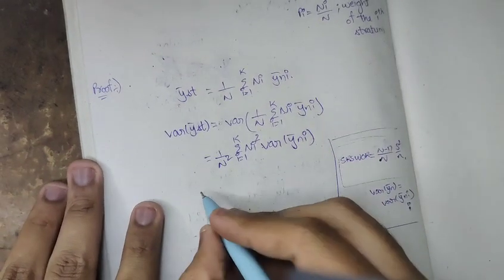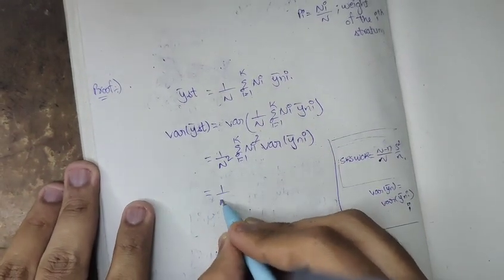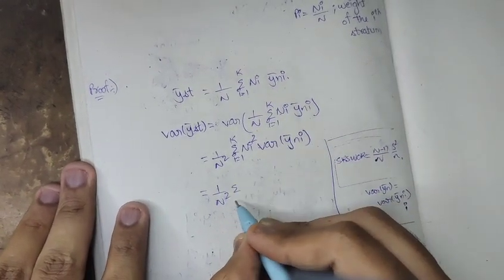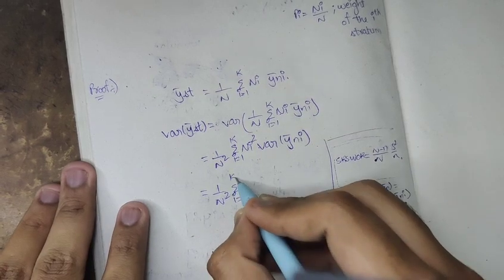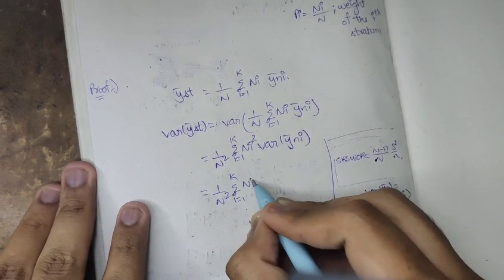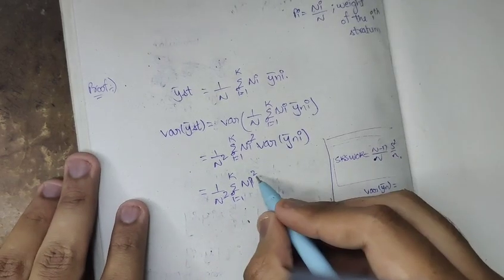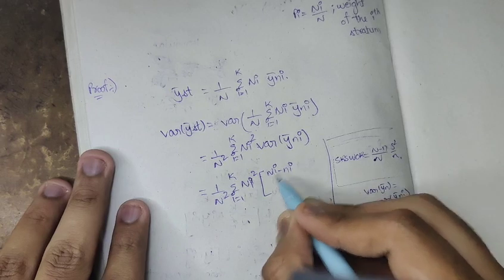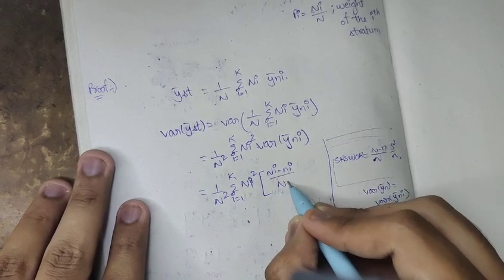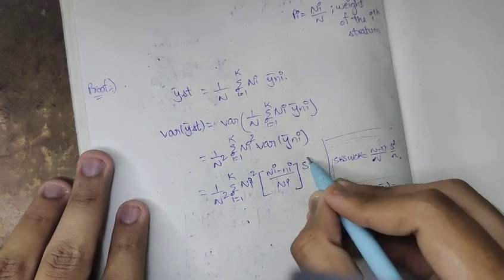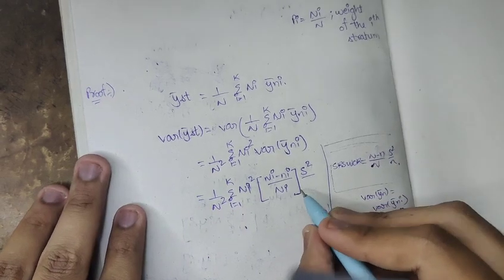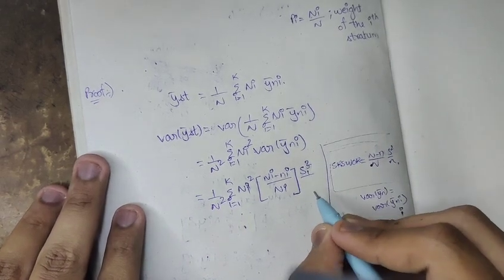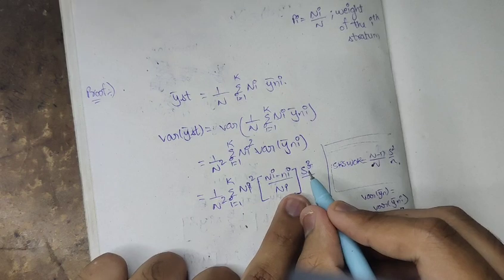So 1/N² summation from i = 1 to k of N_i² times the variance of ȳ_i, which becomes (N_i − n_i)/N_i times S_i²/n_i, because this is also part of the stratum.